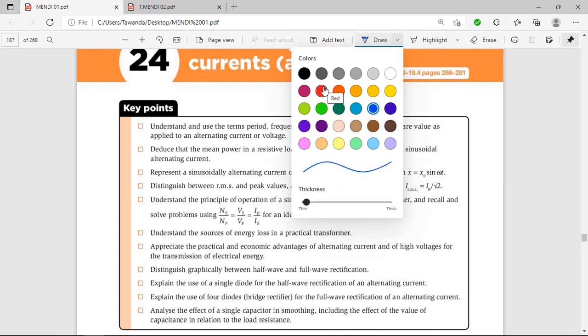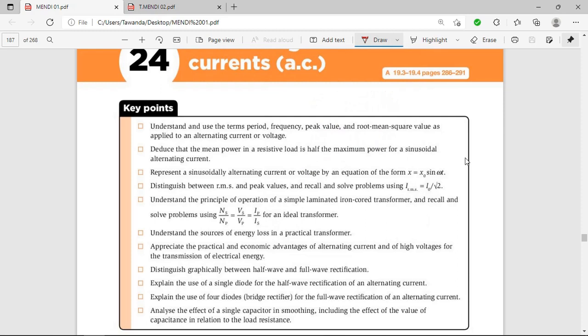These are the objectives. The first point, you need to understand and use the terms period, frequency, peak value, root mean square value as they are applied to alternating current or voltage. You need to deduce the mean power in a resistive load as half of the peak power of a sinusoidal alternating current.